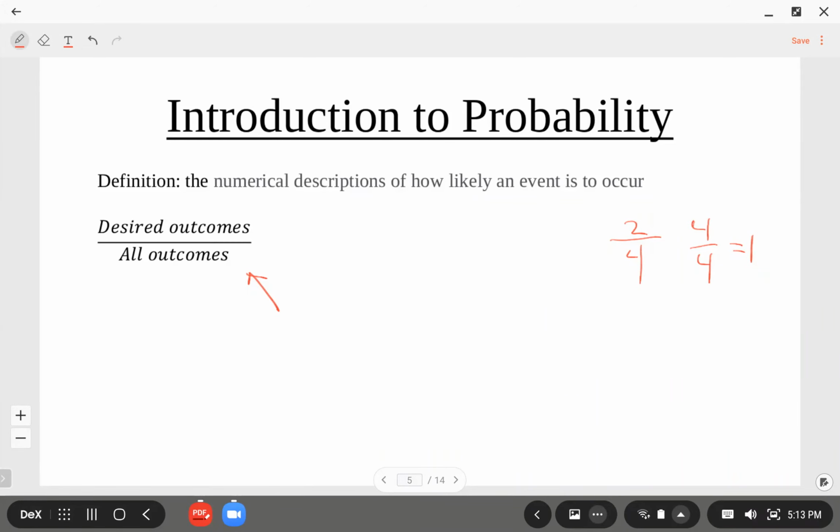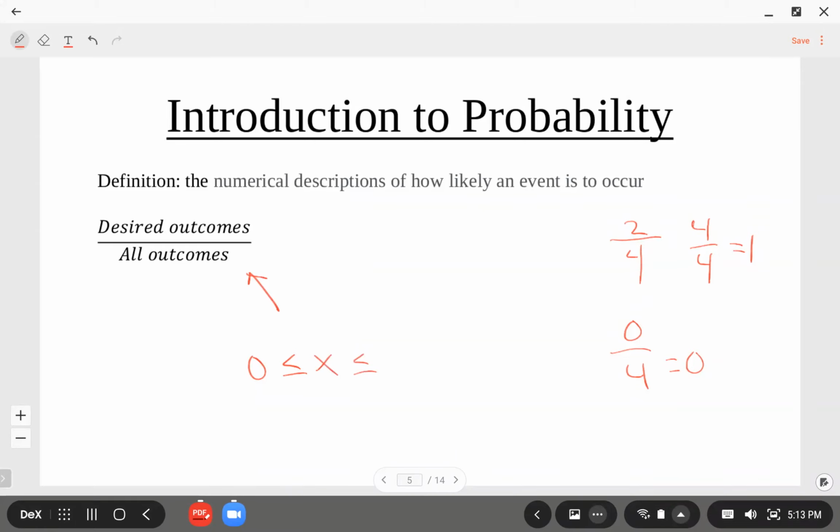That's not possible, right? Because there are no black shirts in our set. So that'd be 0 out of 4 equals 0. So probability is going to be greater than or equal to 0.